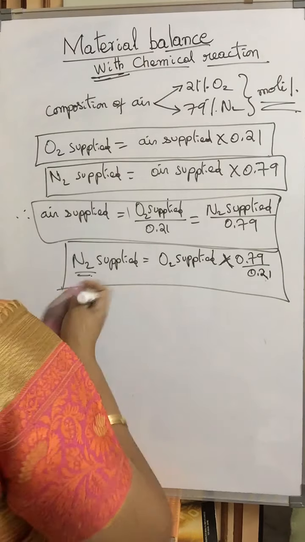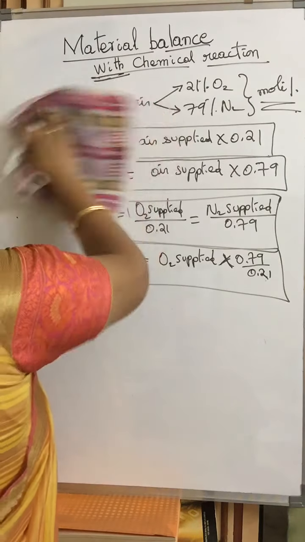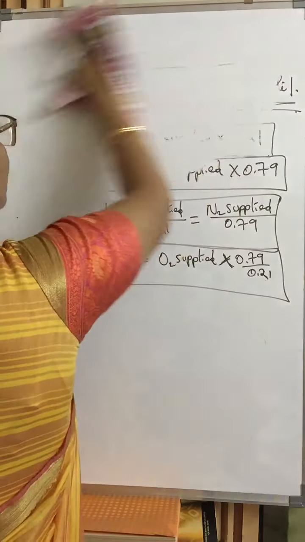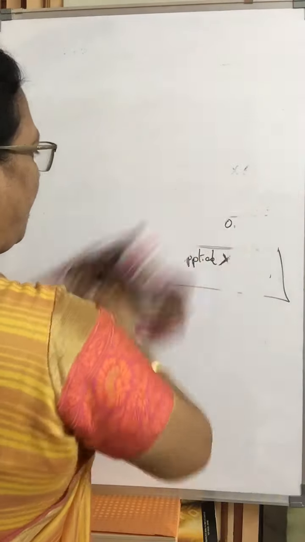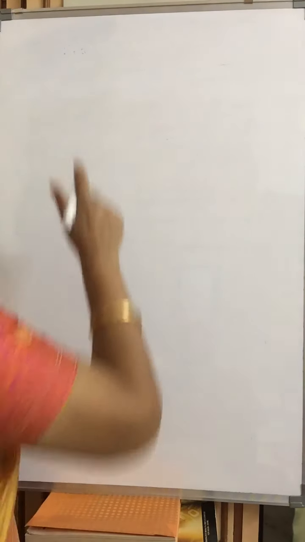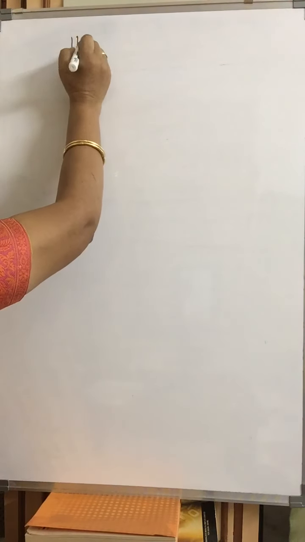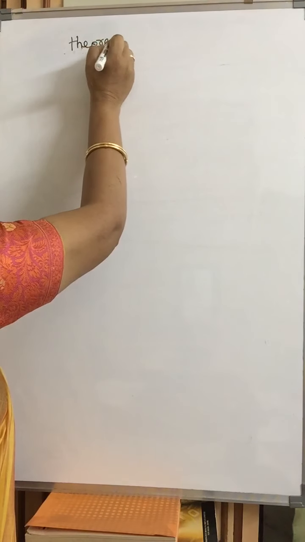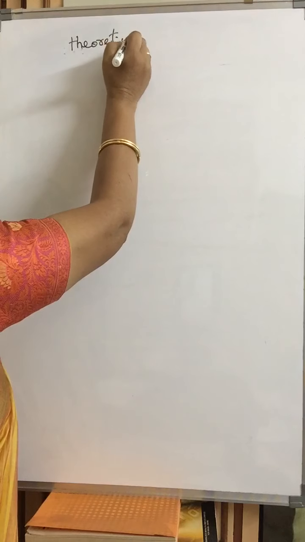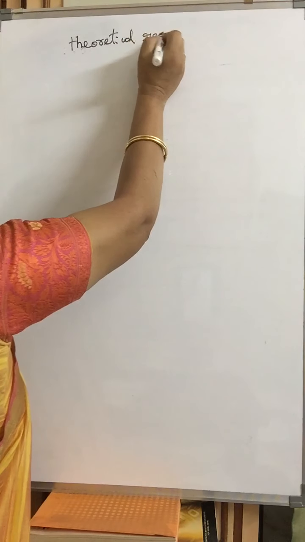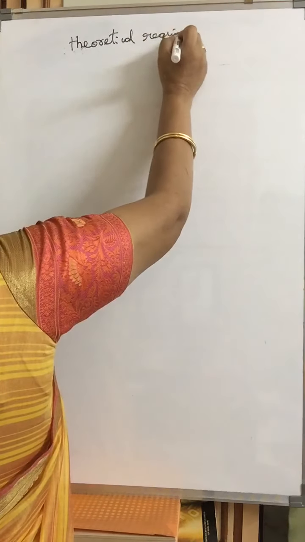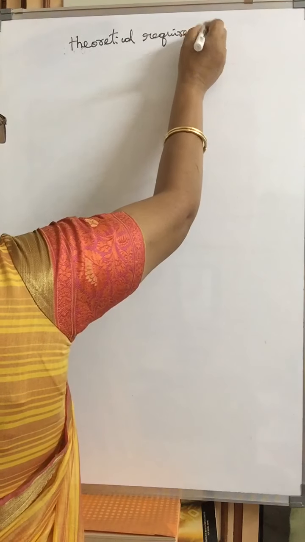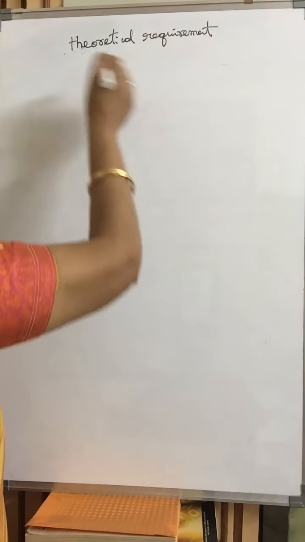Now we will discuss a small calculation, and some new terms: theoretical requirement and actually supplied amount.